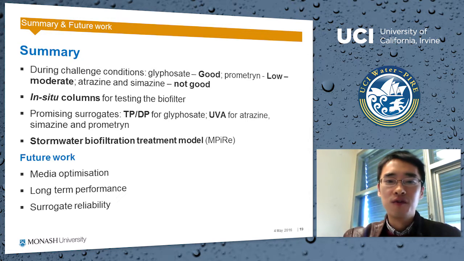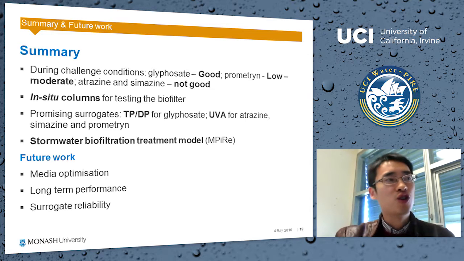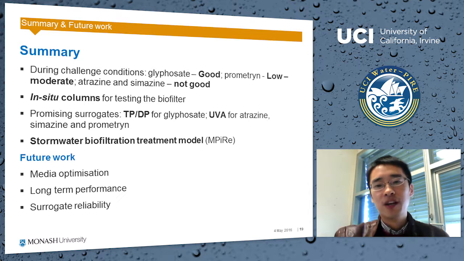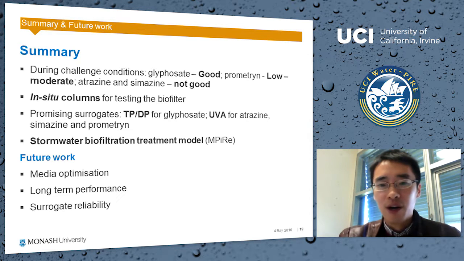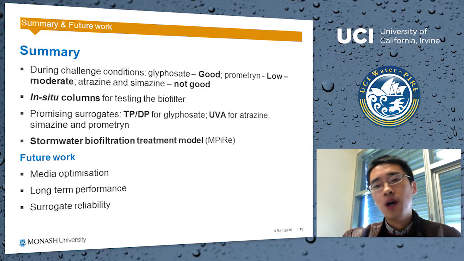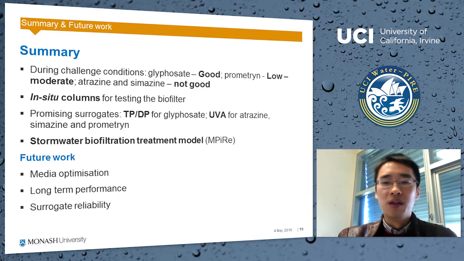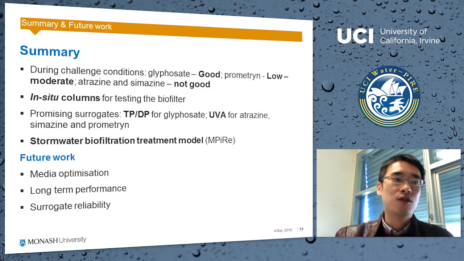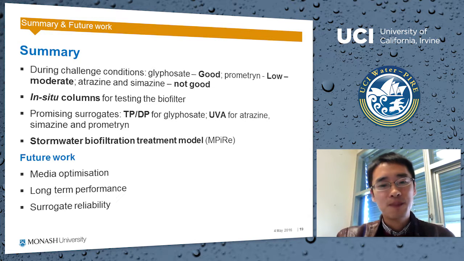We also found that phosphorus species are a good surrogate for the pesticides, and UVA is a good surrogate for atrazine, simazine, and prometryn. And the stormwater biofiltration treatment model that we developed could provide good predictions and could be a good tool to predict the field performance of biofilters for removing pesticides.